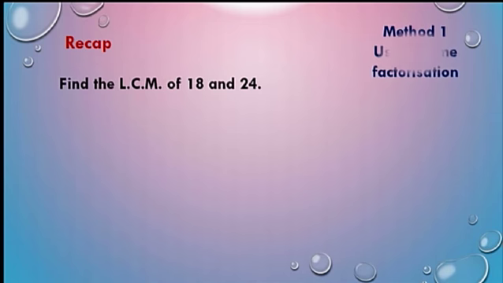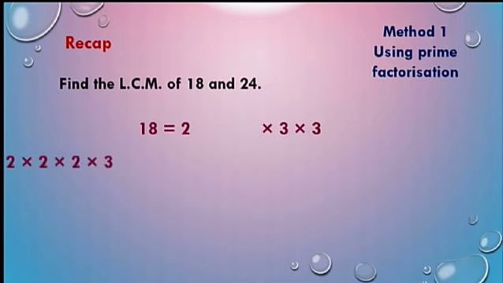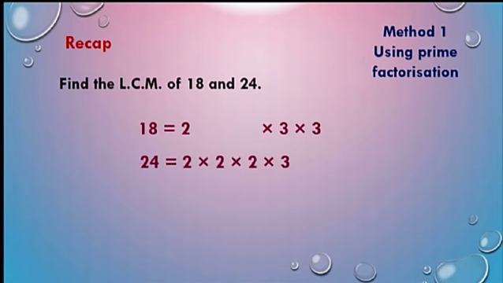Students, remember that you learned how to find LCM of integers in grade 7. You have used 2 different methods. The first one was using prime factorization. So to find the LCM of 18 and 24 using prime factorization, first we write the integers as a product of their prime factors.